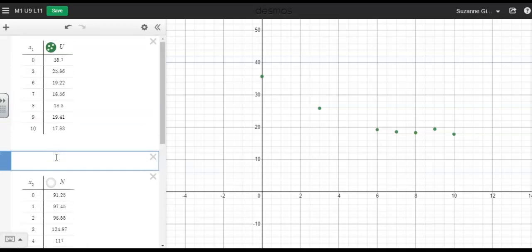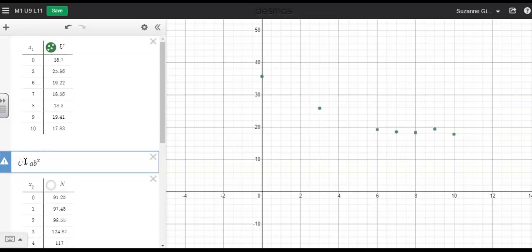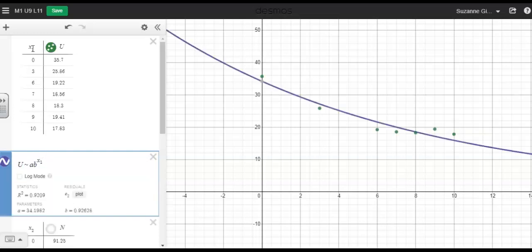So exponential equations are written as y equals a times b to the x. That's how they're written, just like that. So what I want to do is pay attention to my variables. My y coordinate is labeled as u, so I'm going to put a u. Because I want this to do exponential regression, I'm going to change my equal sign to a tilde, and then I need to make sure that I have my x labeled correctly as x1.